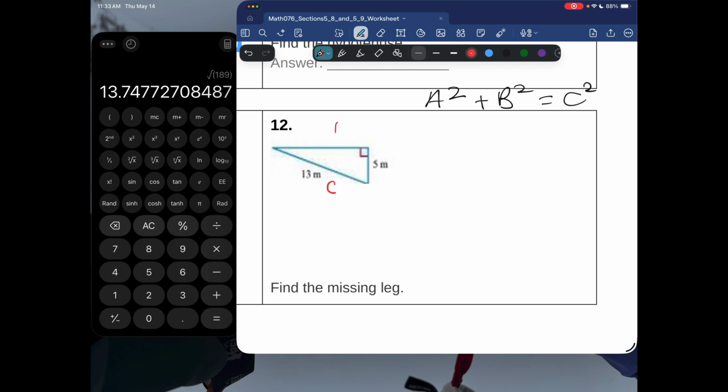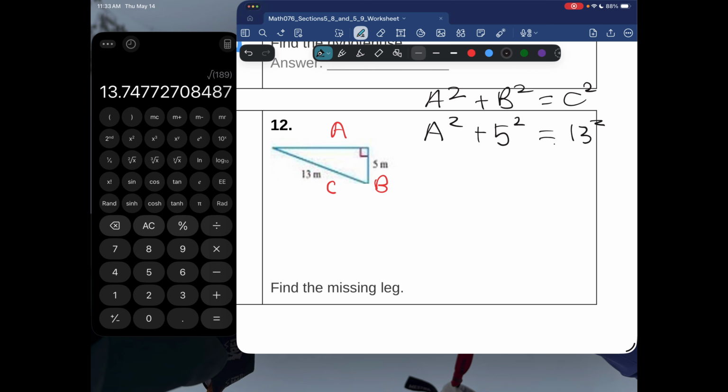This I'm going to call my a. It doesn't matter which one's a or b. Okay, and now I'm going to plug those values in. So I have a squared, that's my unknown I'm going to solve for, plus b squared, b is 5. 5 squared equals c squared, which is 13 squared.